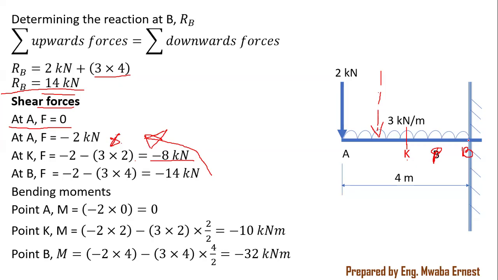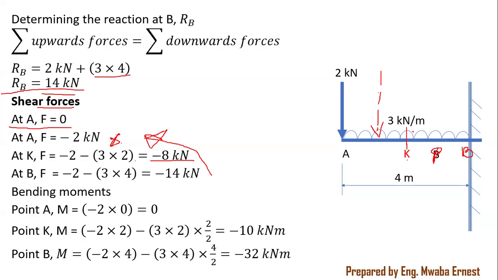So the first part is negative 2 times the whole distance, which is 4, followed by the UDL. Our UDL is negative 3 times 4, because it's using the whole distance, which is 4 meters, where the UDL is acting. Then times the distance from where the UDL is acting, at point K, up to there.